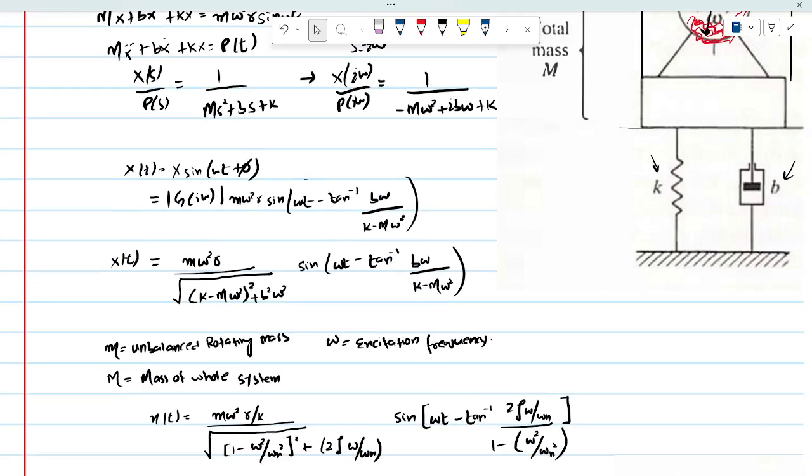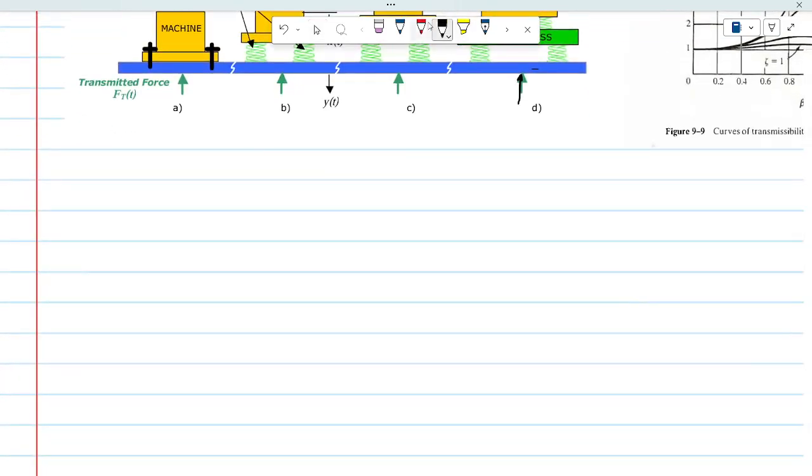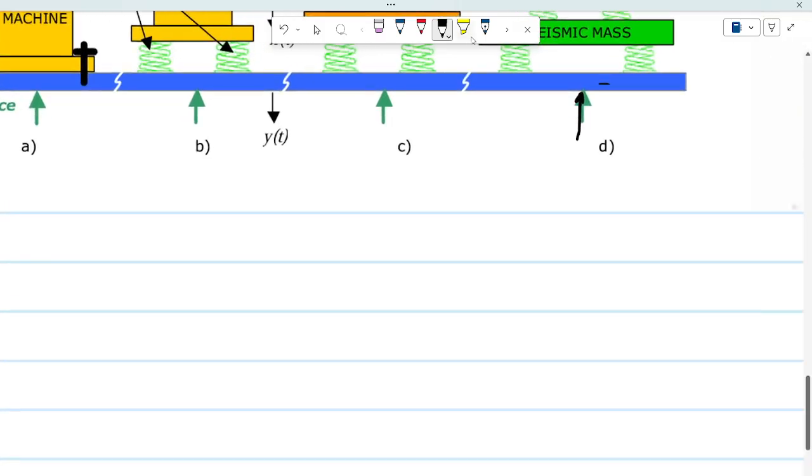Now the next topic is, once that vibration has been produced by that unbalanced mass, naturally it will be transmitted to the surroundings. That's what we call transmissibility.